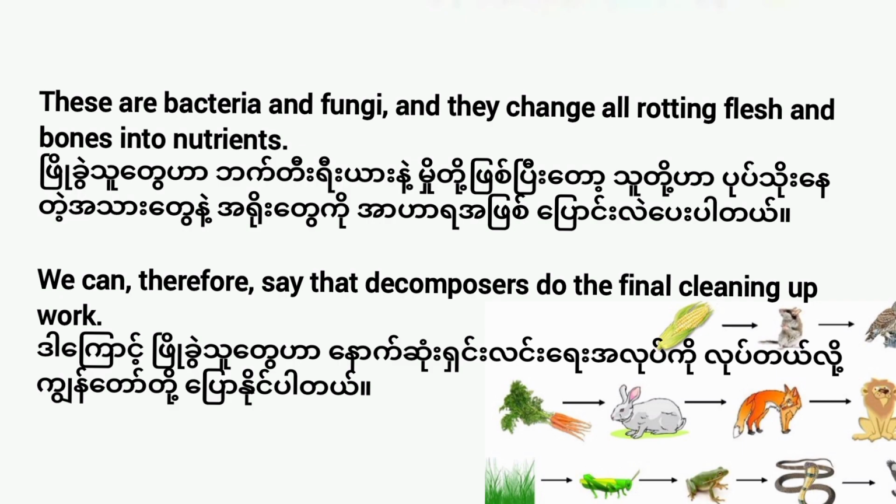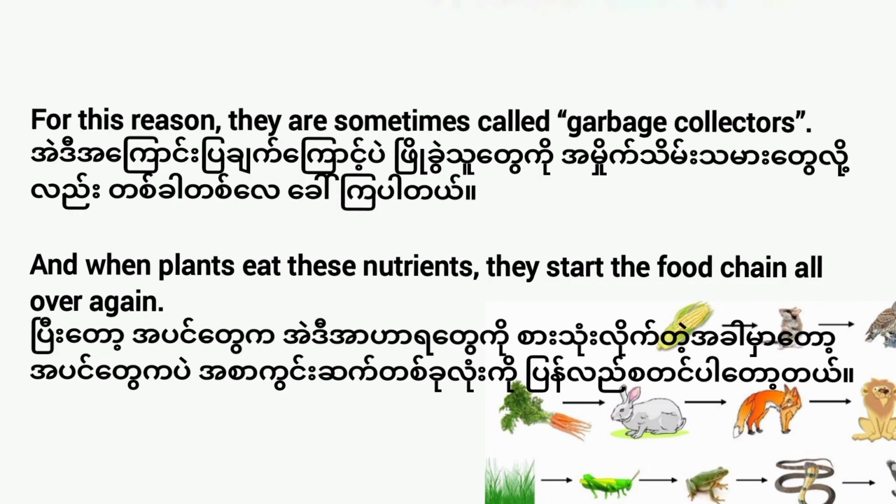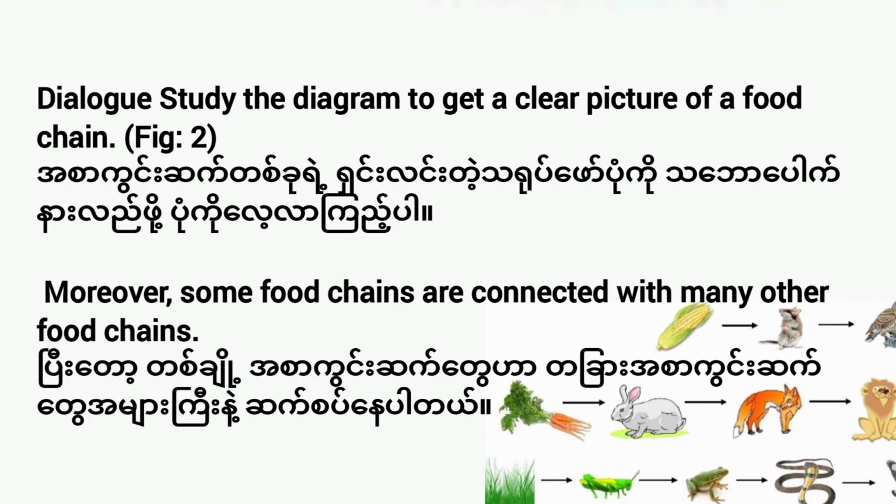We can, therefore, say that decomposers do the final cleaning up work. For this reason, they are sometimes called garbage collectors. And when plants eat these nutrients, they start the food chain all over again. Study the diagram to get a clear picture of a food chain.